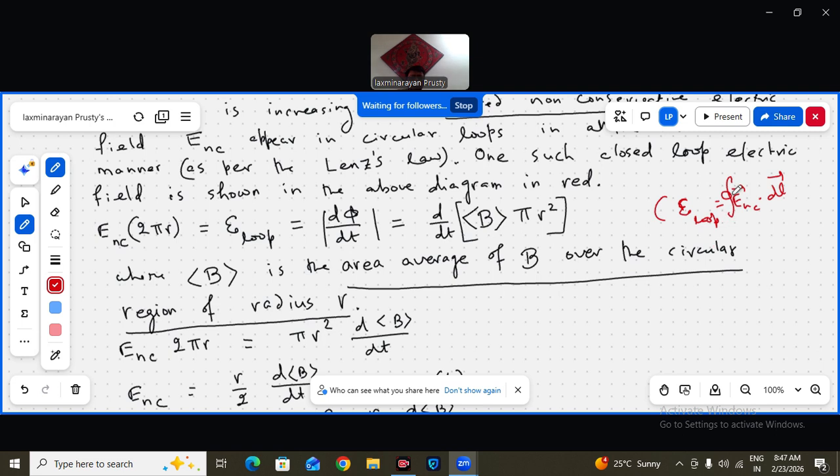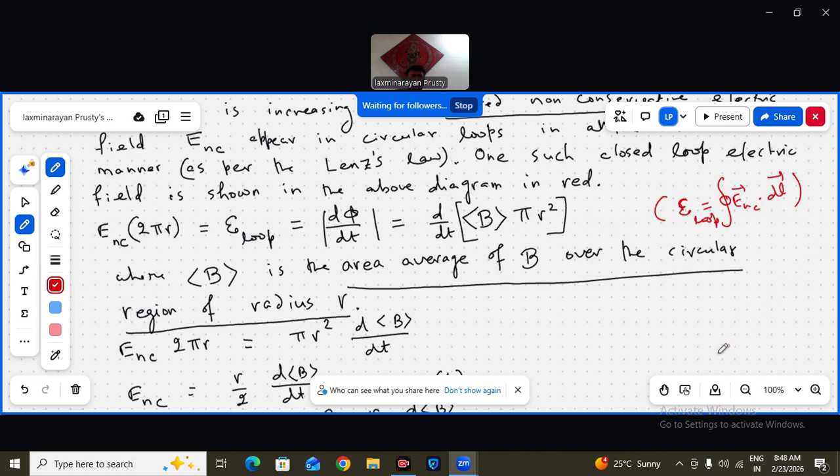In a closed loop. Let me write this one, so that I think you must be knowing this. That's why I did not write. Now I feel like writing this. From this I am writing E_NC times 2 pi r is equal to the EMF.